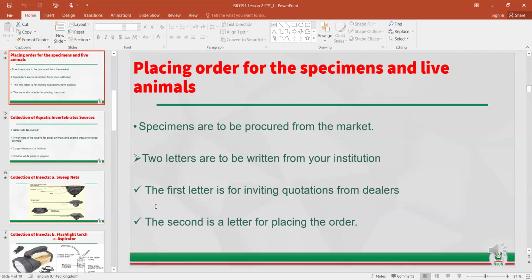When quotations are invited from the dealers, the procurement unit will meet and choose the dealer with the most reasonable prices. At the same time, there should be an alternative arrangement in case of disappointment.